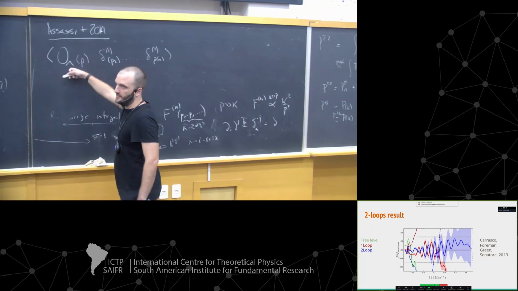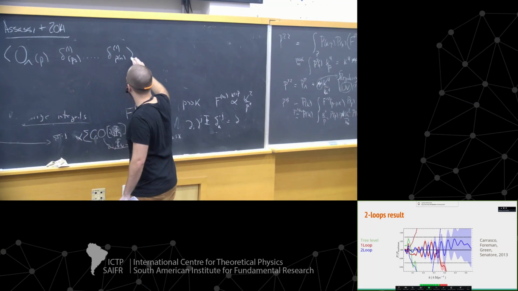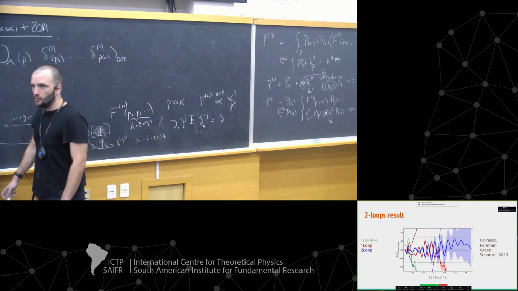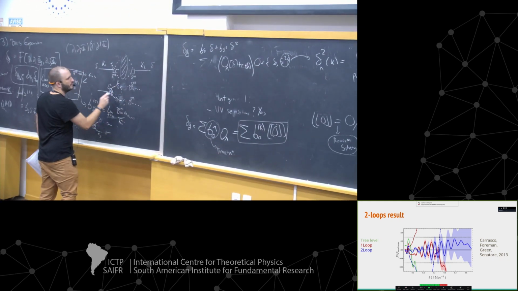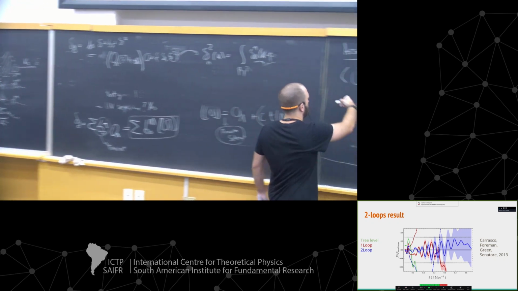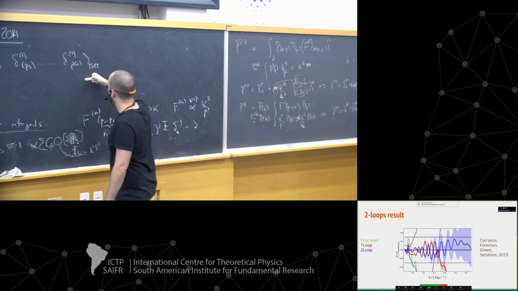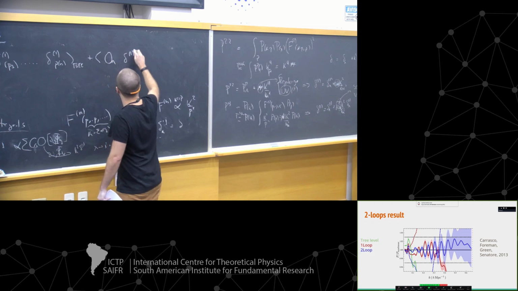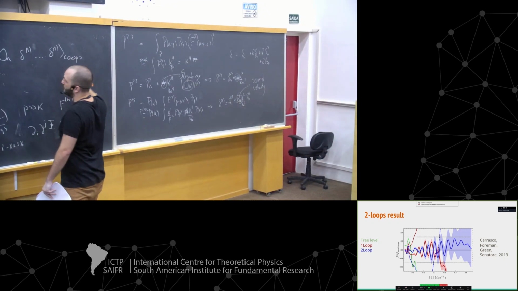And this part I can split into two different components. One is a tree-level component, which is the one I wrote down. There are, of course, loop components to this part. So I can just come here and compute, for instance, loops. So whenever I take the cross correlation of an operator with other external linear legs, I can expand this operator in higher orders and take tree-level contributions plus loops.